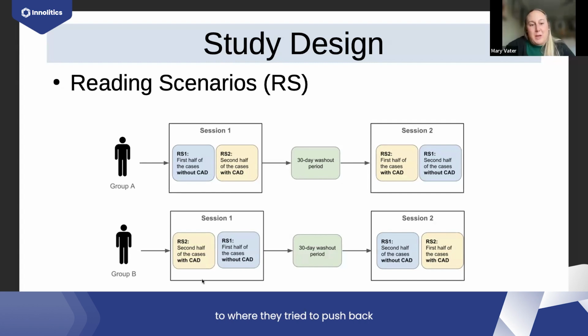They tried to push back with the FDA and argue that it would falsely inflate the use without the device in the second session because they would have effectively been trained using the device in the first session, but the FDA didn't buy that argument, and they still wanted them to separate the session the way that you've drawn it out here.